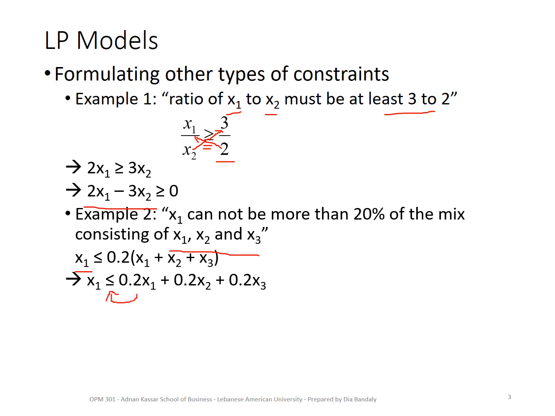So I have one x1, and I will bring 0.2 to the left, so it will be minus 0.2, that will be 0.8 x1. And here I will get minus 0.2 x2 and minus 0.2 x3. All right, and we end up with this one. So make sure that you practice how to translate these verbal statements into mathematical expressions.